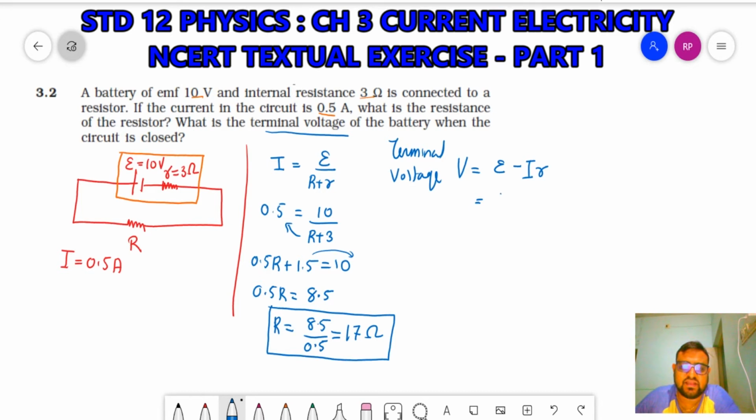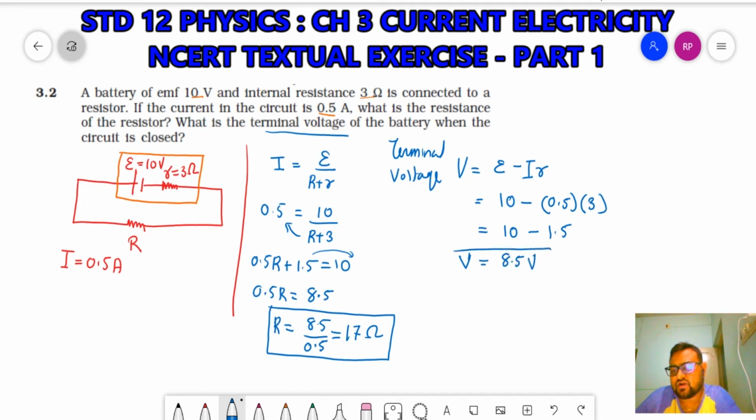That is 10 volt minus the current flowing here, that is given to be 0.5 ampere, times internal resistance, which is 3. This will be equal to 10 minus 1.5. So the terminal voltage is equal to 8.5.